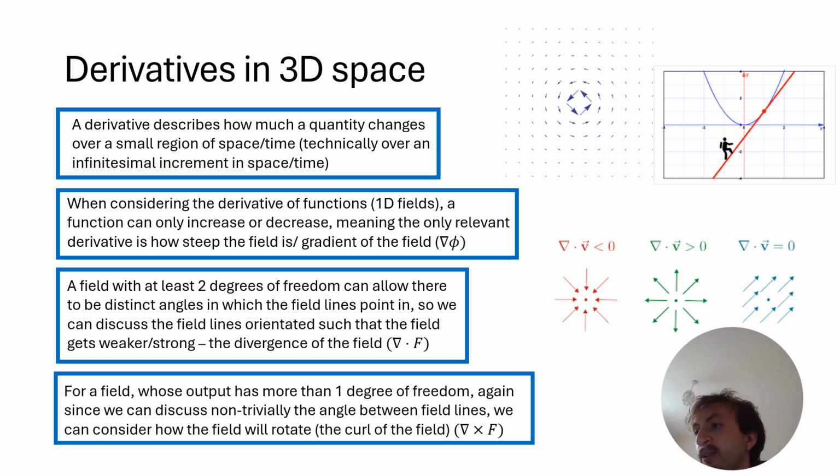And the time derivative of the magnetic field relates to the curl of the electric field, and the time derivative of the other field relates to the curl of the first field. So the way that the fields are intertwined is by relating the time derivative of one field to the curl of the other field. So it's really the curl that couples electric and magnetic fields together.